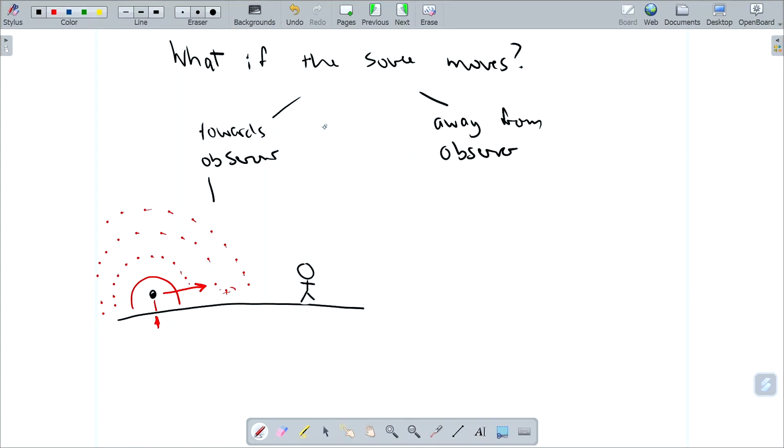As the object moves, this is the initial position. What's now happened is, after a little while, the object is now closer to the observer. And the wave fronts will form a shape like this.